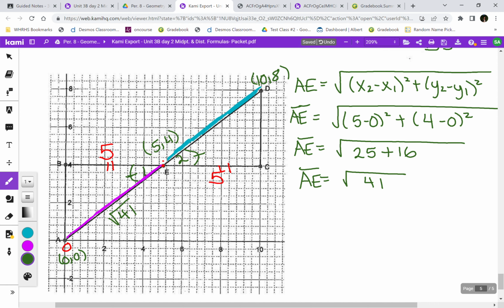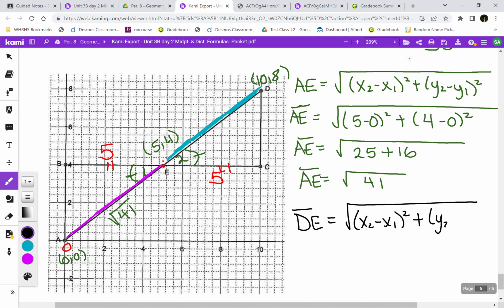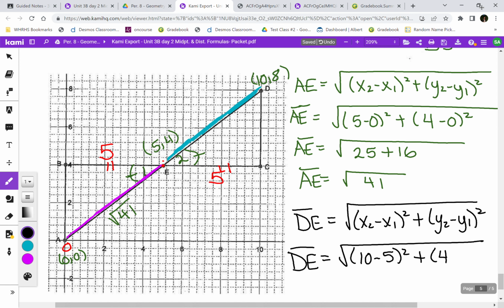So now that I found the length of AE, what am I going to find the length of this time? DE, exactly. So let's find DE. So again, it's x2 minus x1 squared plus y2 minus y1 squared. We have 10 minus 5 squared plus 8 minus 4 squared.